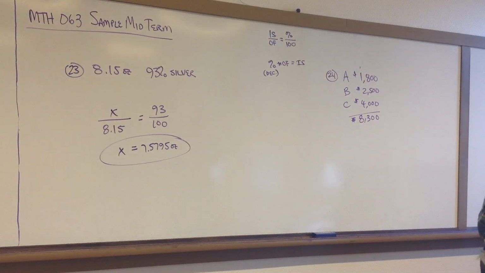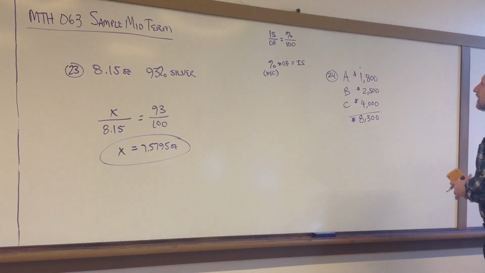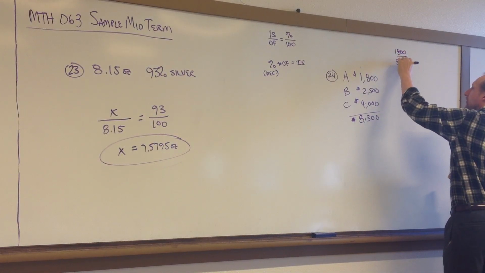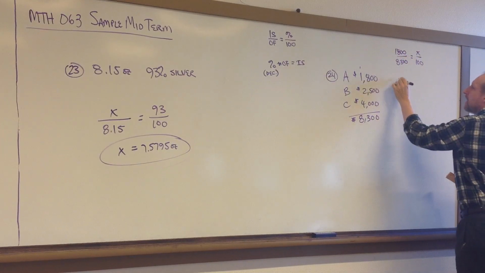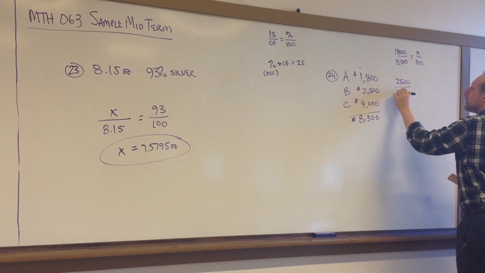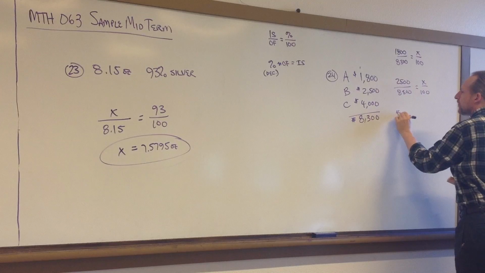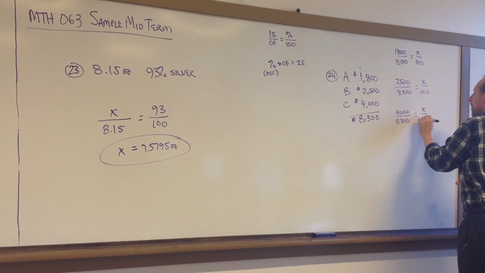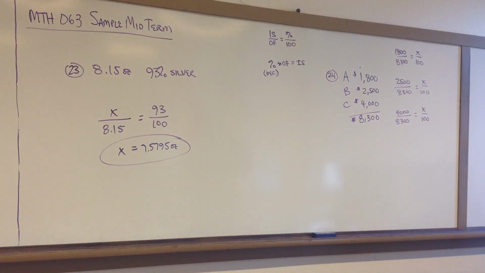What we need to find out is what percentage of this total is each of these amounts. So we're going to do 1,800 over 8,300 equals x over 100, and then 2,500 over 8,300, and then 4,000 over 8,300. And then we'll solve for x in each one of those cases.